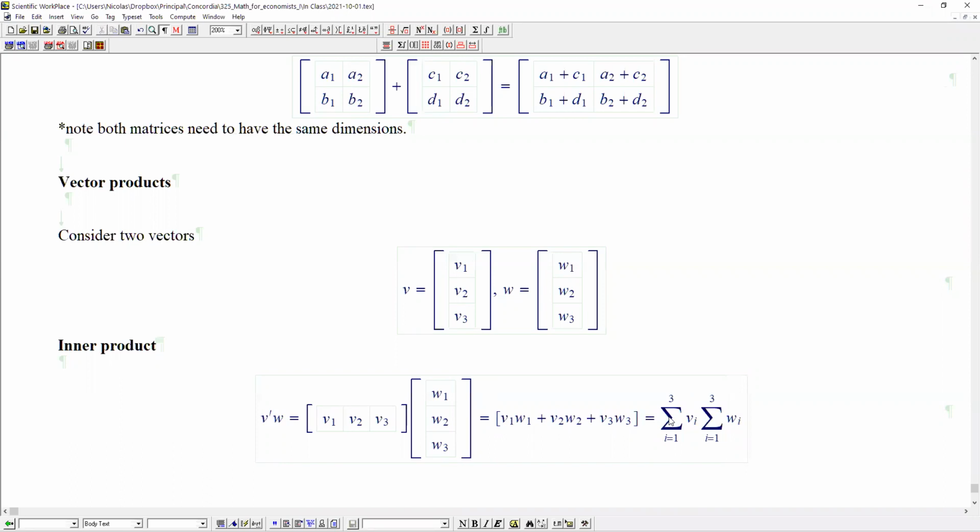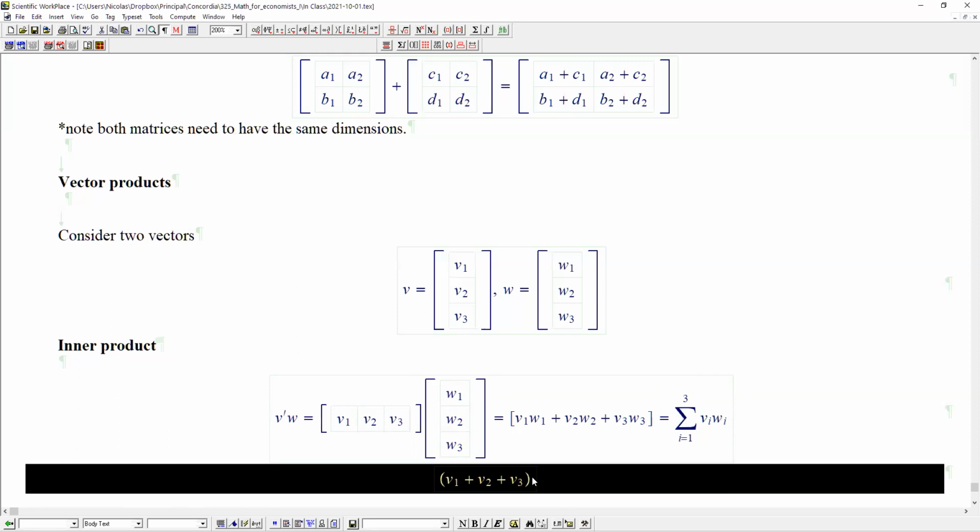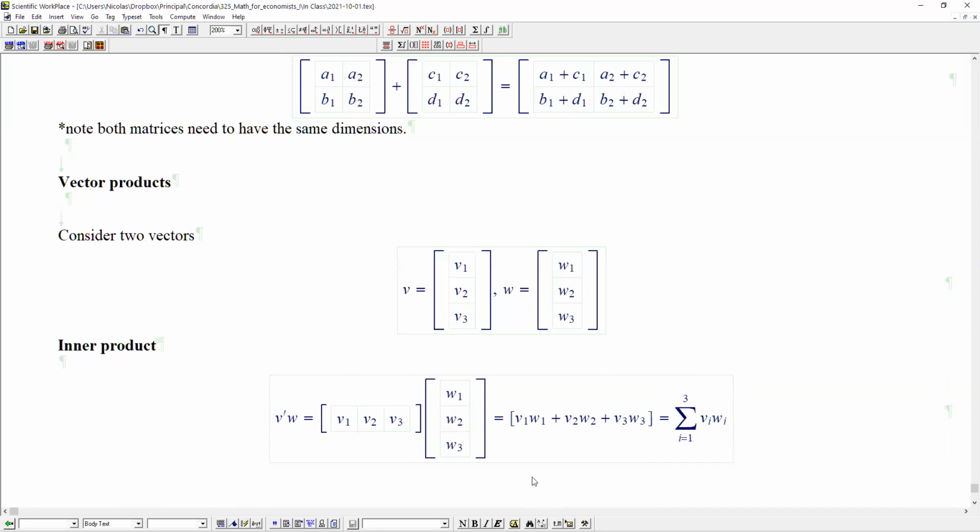Are you sure? So this would be V1 plus V2 plus V3 times. Yeah, sorry, I'm wrong. It's ViWi. If we did what you suggested, it would be more terms.